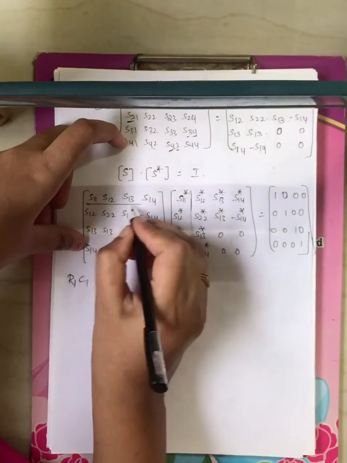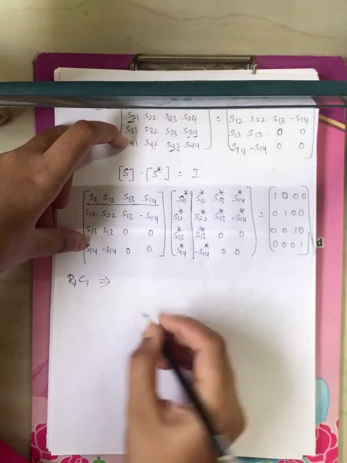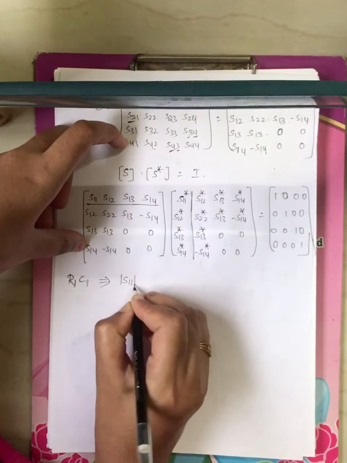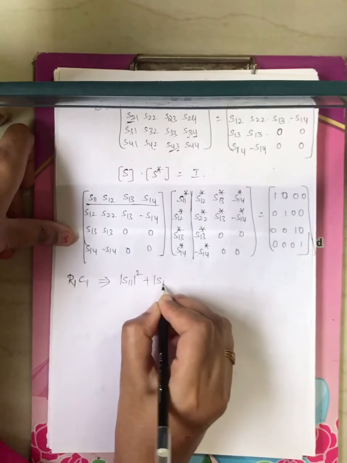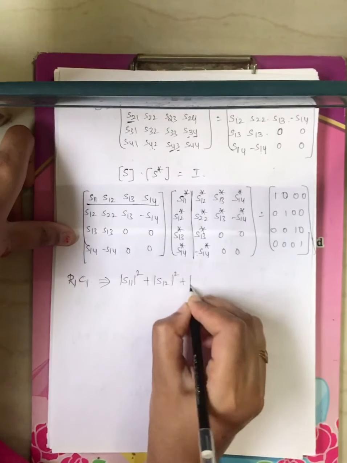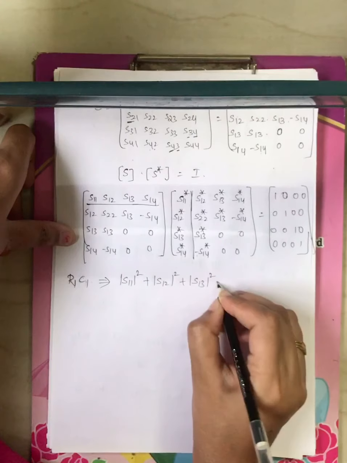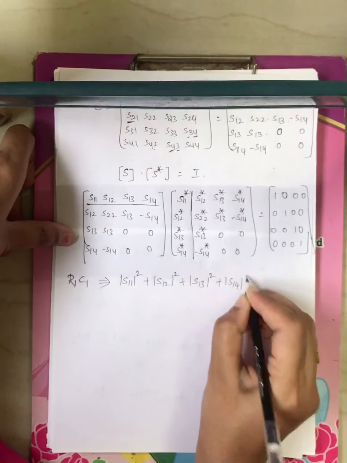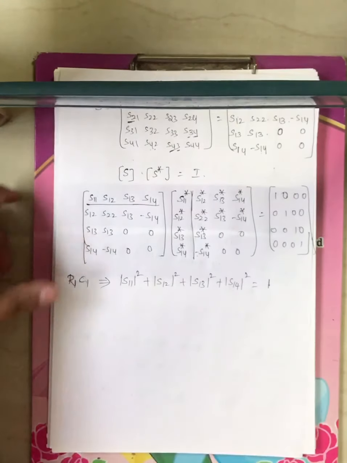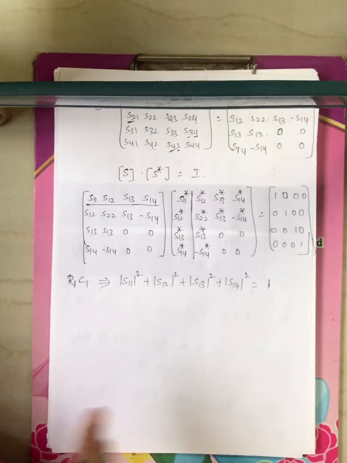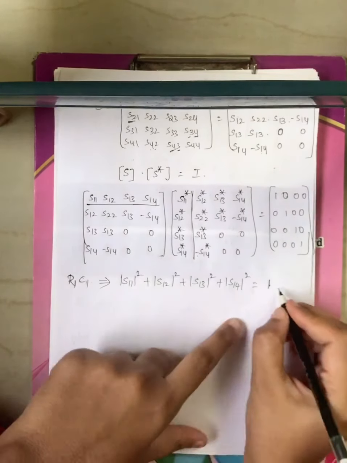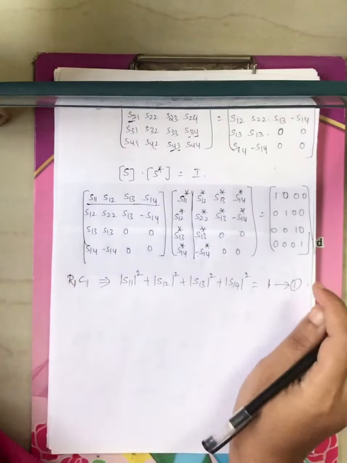What you'll get is mod S11 square plus mod S12 square plus mod S13 square plus mod S14 square, and that equals 1. This is the equation that you are getting. Represent it as equation number 1.